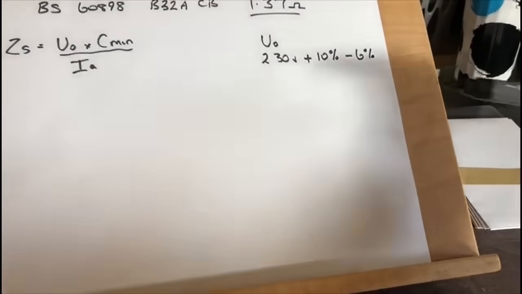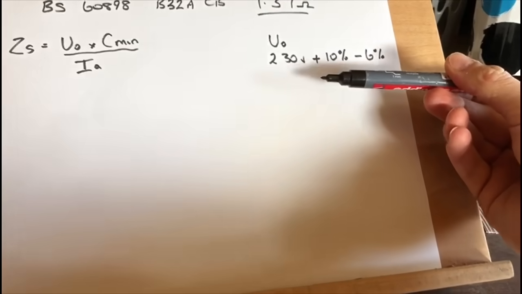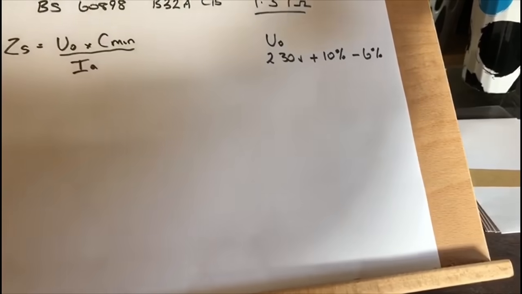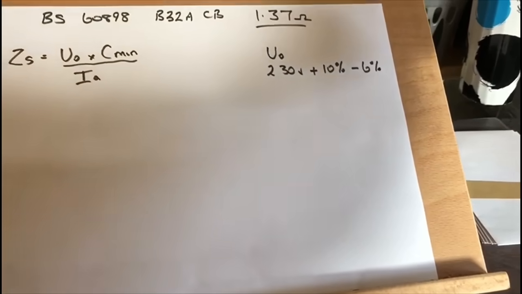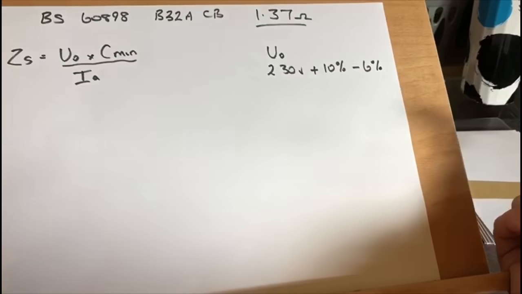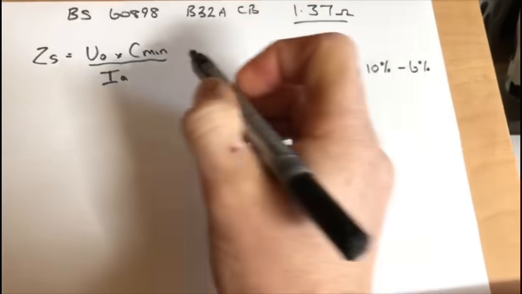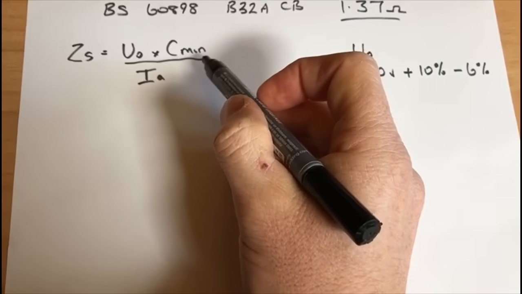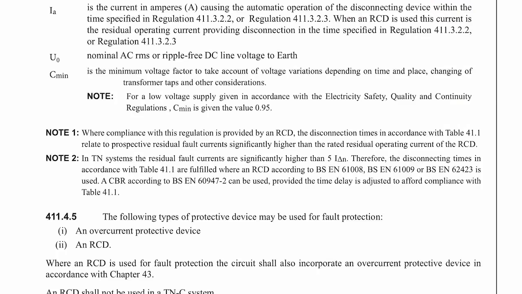So the voltage variations can go up to over 250 volts and down to around 216 volts or thereabouts. This C minimum factor is actually recorded as being 0.95.